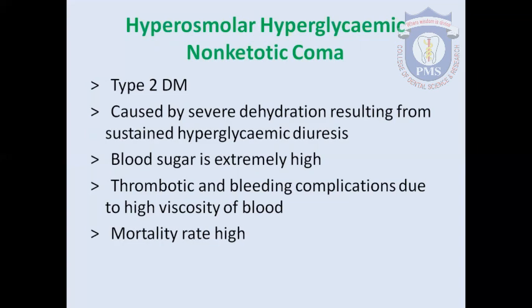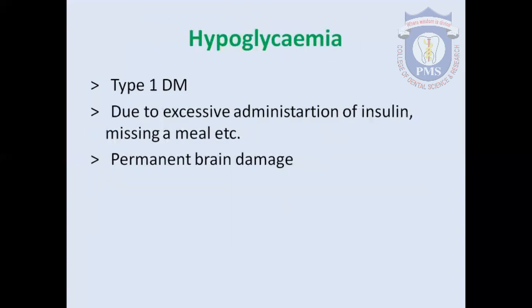Mortality rate is high. Hypoglycemia occurs more often in type 1 diabetes mellitus. May be due to excessive administration of insulin, missing a meal, etc. It produces permanent brain damage if not treated properly.